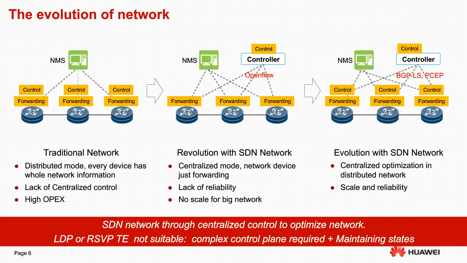So at this time, the controller is for an optimized network and does not control the whole network. In traditional networks, LDP and RSVP are deployed, but at this time, it looks like these two kinds of protocols are not so good for the network.